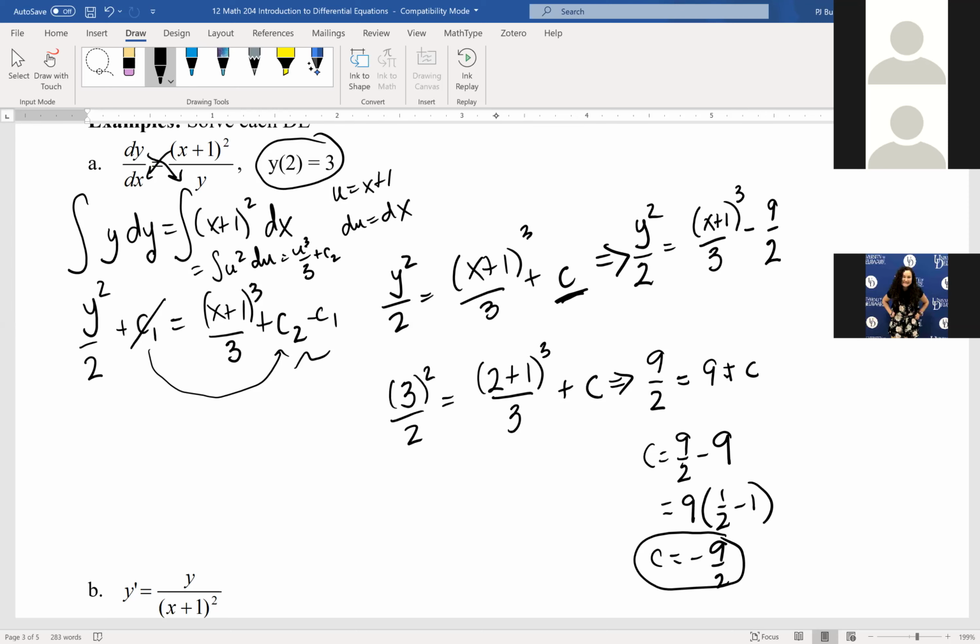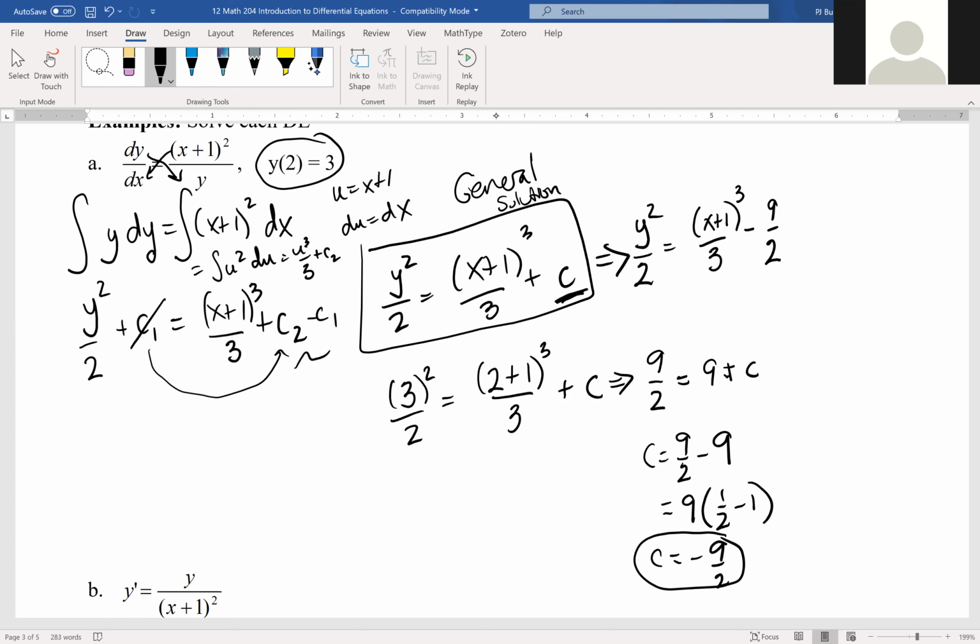Okay, so this was a general solution, not solved for y. And I'm going to take this next part here and solve it for y. And that'll be my particular solution.